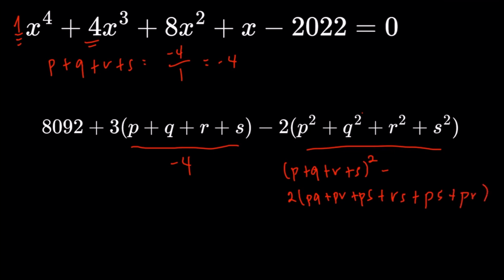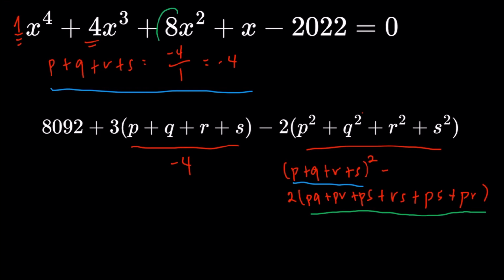Okay, P plus Q plus R plus S is already given, that's negative 4. But for all possible pairings across the roots, that's going to be the value c over a. So it's going to be 8, that's the value of c, so 8 over 1. So by Vieta's relations, this green part will be equal to 8.